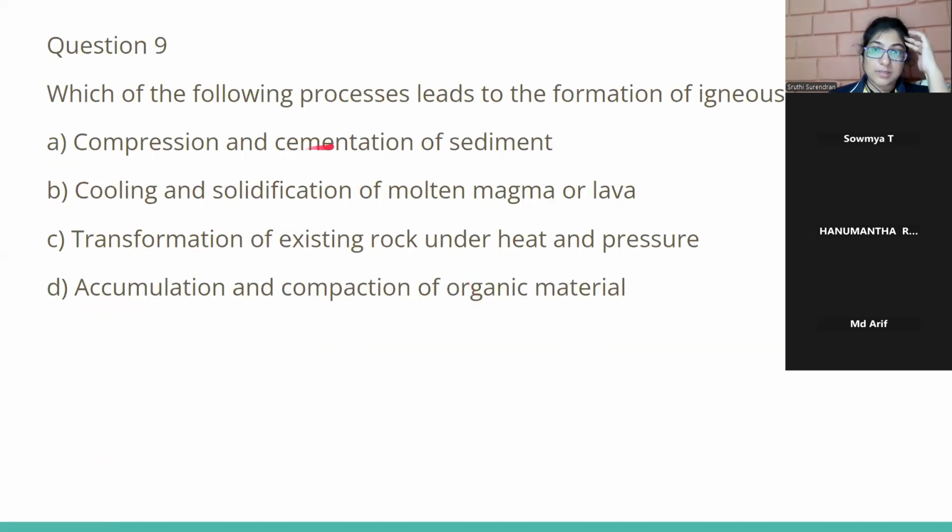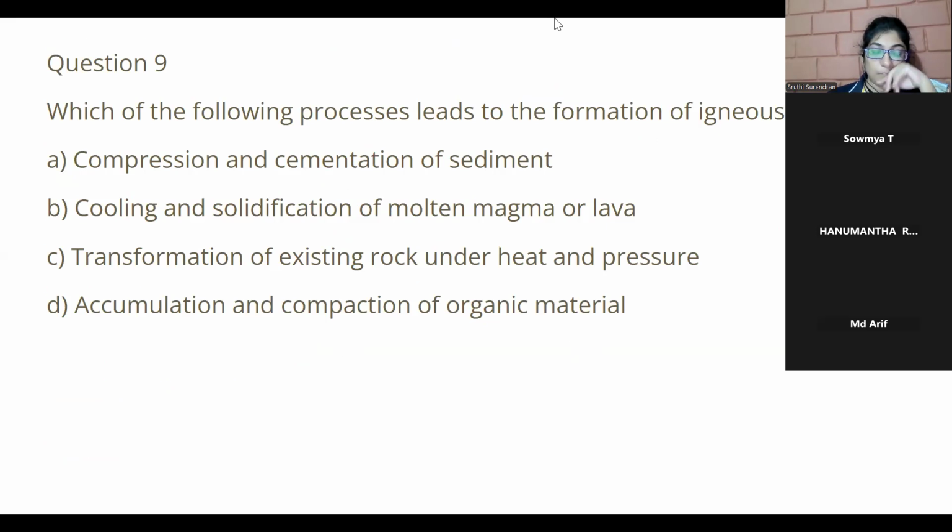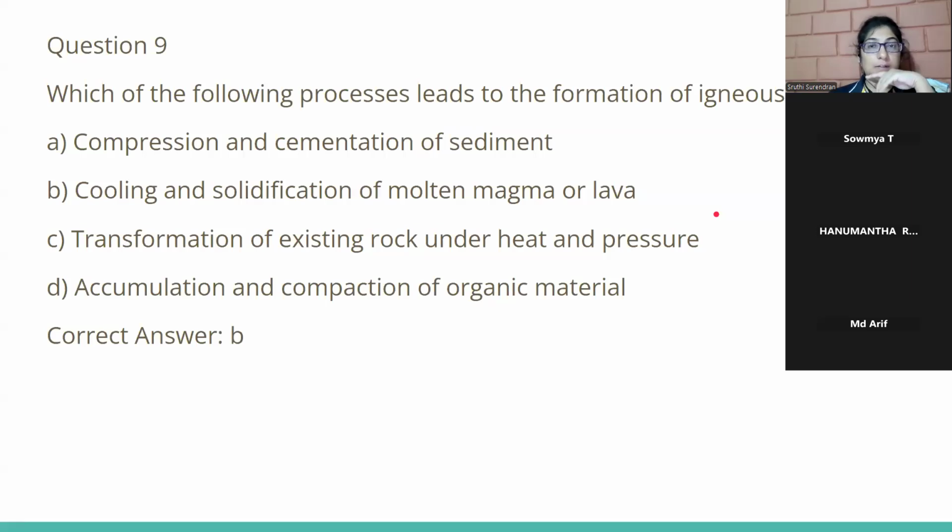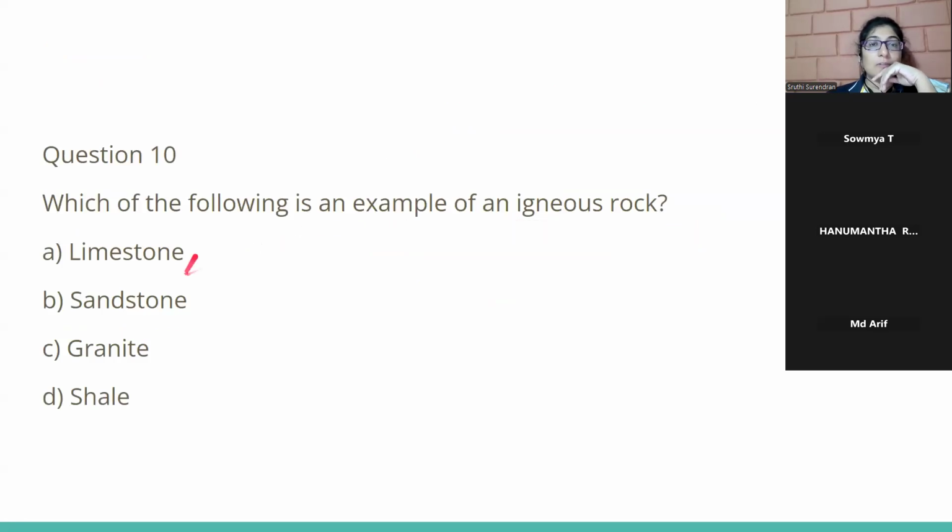Which of the following processes lead to the formation of igneous rocks? Yes, it is the cooling and solidification of molten magma or lava that results in the formation of igneous rocks. Which of the following is an example of igneous rocks again?